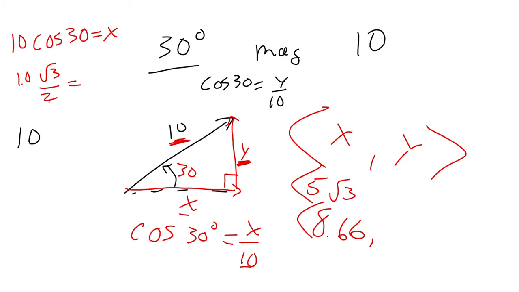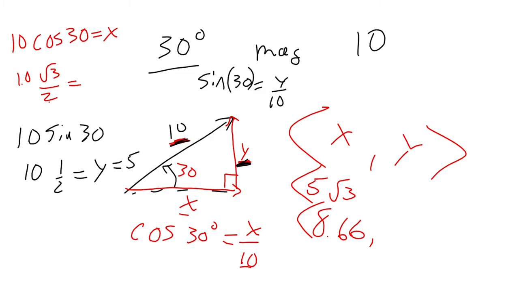Sorry, it's opposite over hypotenuse. That's clearly sine, right? So hopefully you caught my mistake. So it's 10 sine of 30. Well, sine of 30, that's 1/2. So 10 times 1/2, y equals 5.